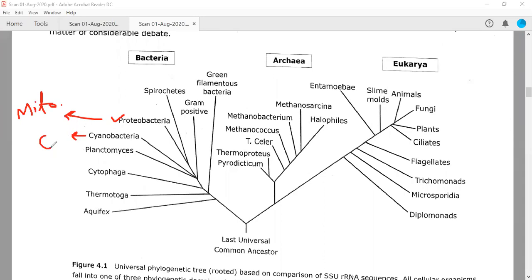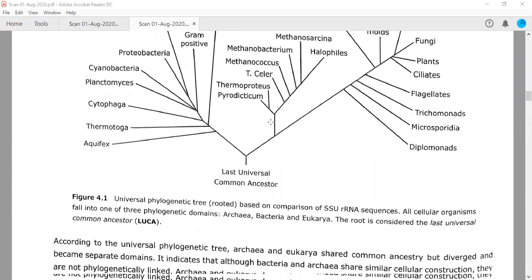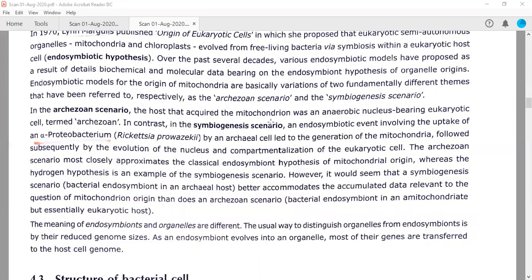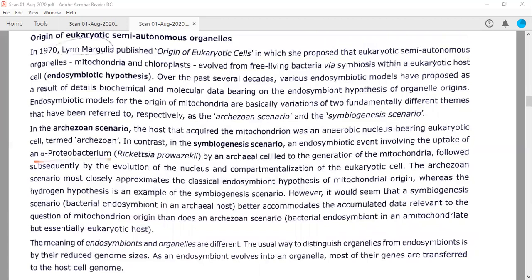Now we will discuss how these two organelles, mitochondria and chloroplast, have evolved, and what type of hypothesis or scenario has emerged in the scientific community as evidence for these two semi-autonomous organelles. First of all, you should understand the word semi-autonomous.